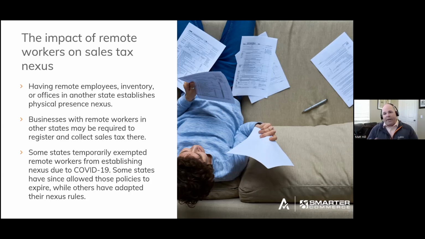Those vary state by state, but the traditional definition of physical presence is if you had an employee that's conducting business in that state on your behalf, that typically triggers nexus. And so we would encourage you to consult a tax professional to determine that, but we can give you guidance here at Avalara as well.